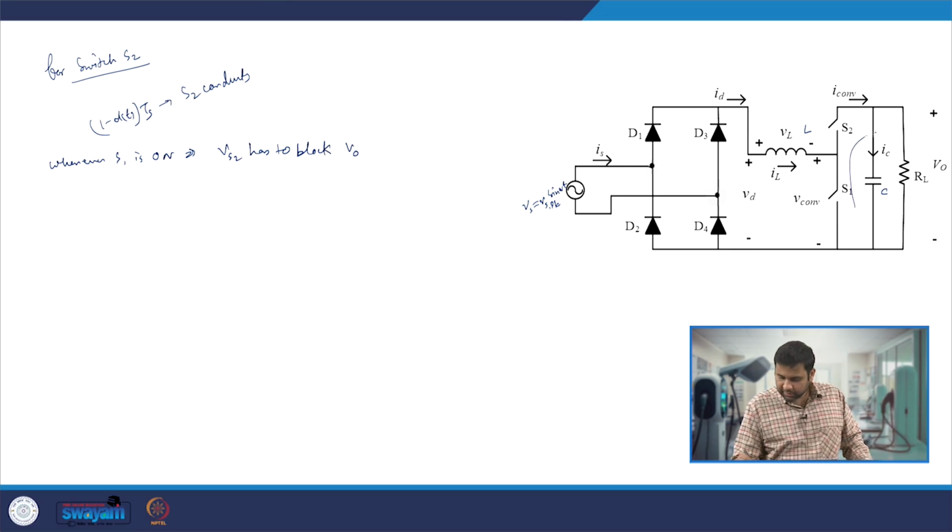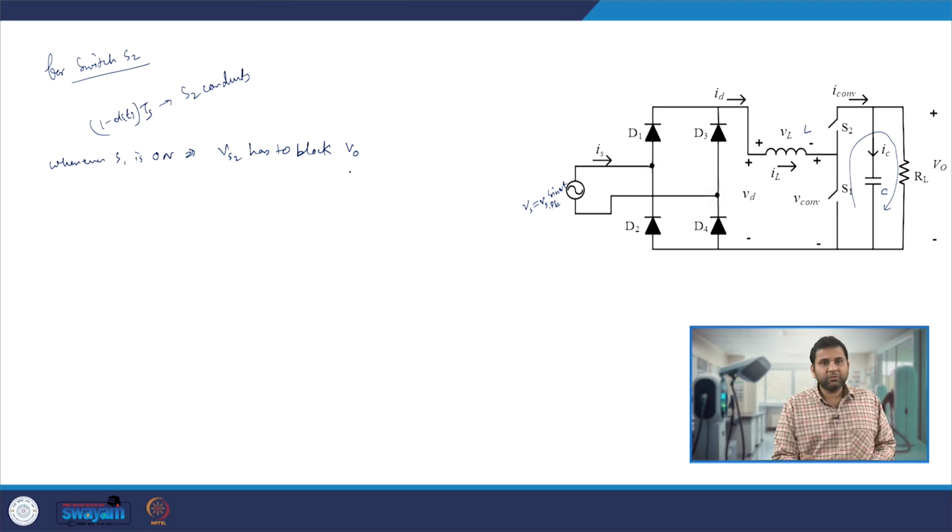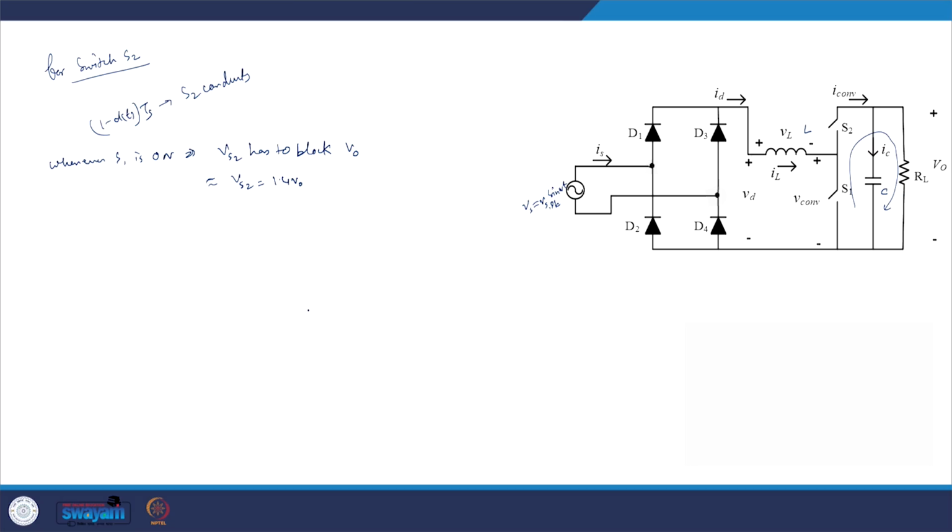If you do KVL in this particular loop, whenever S1 is on, this entire V0 will appear across the S2 switch. So Vs2 has to block V0, and with some safety margin, Vs2 will also be 1.4 times V0. You select the device for S2 in such a manner that it is in a position to block 1.4 times V0.